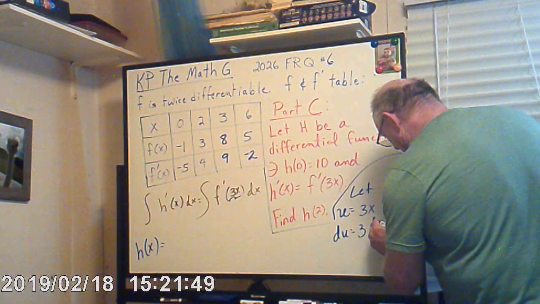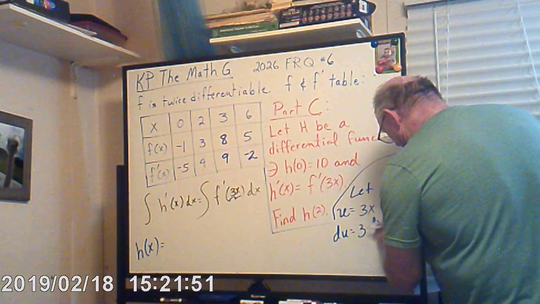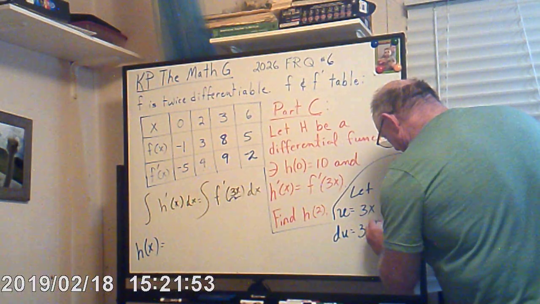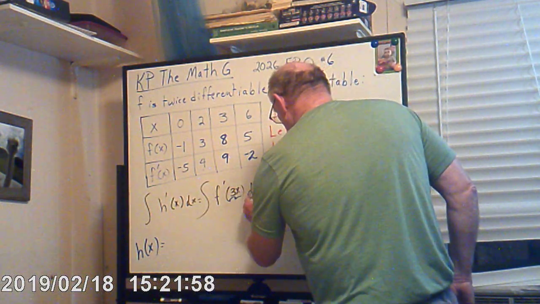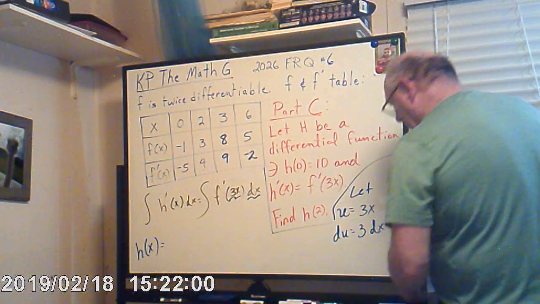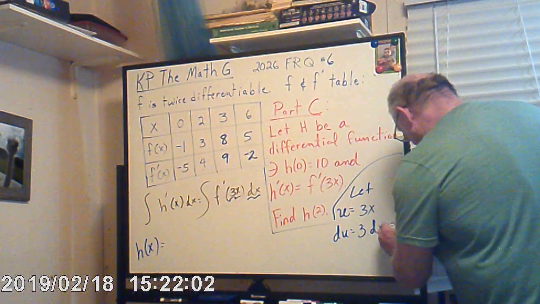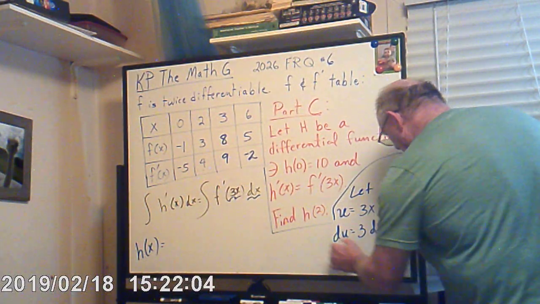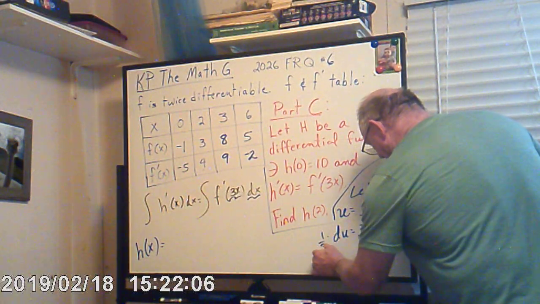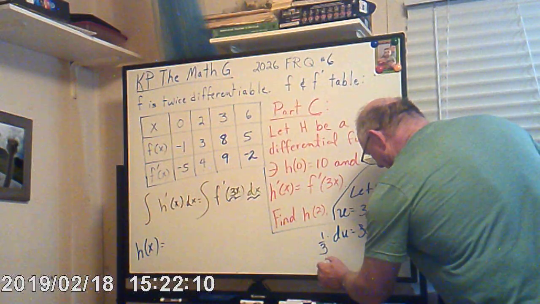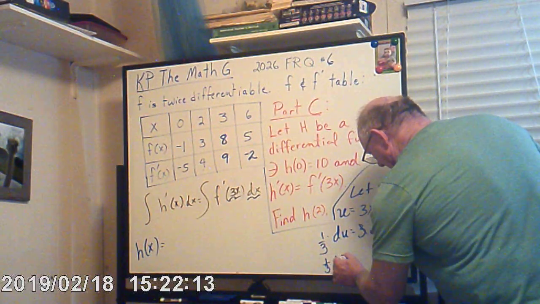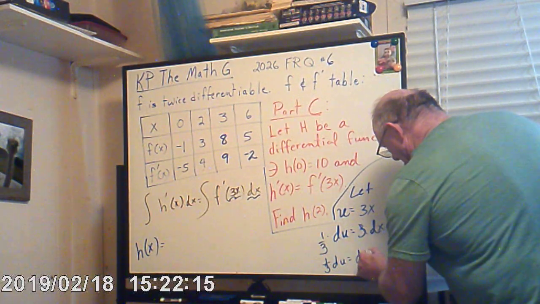We just want dx, so we multiply by 1/3 on both sides. This divides out, and now we have 1/3 du is equal to dx.